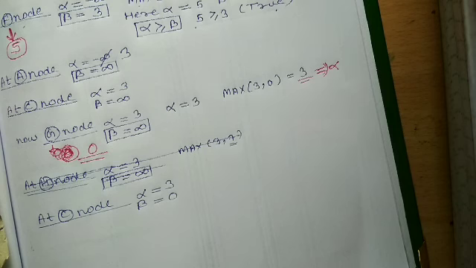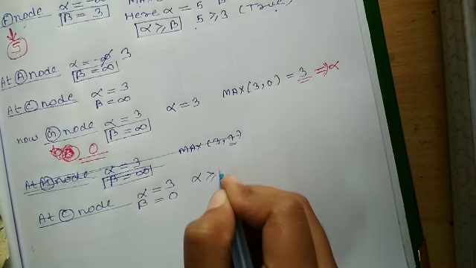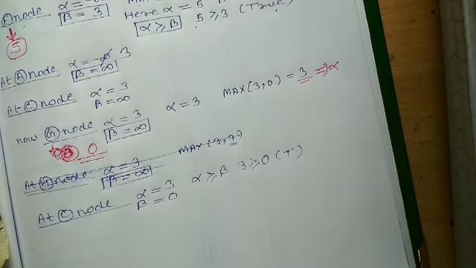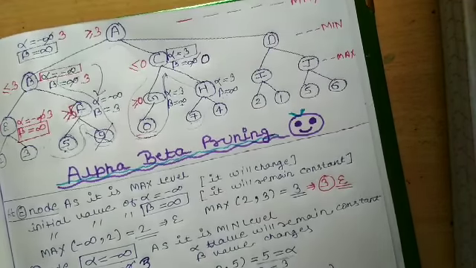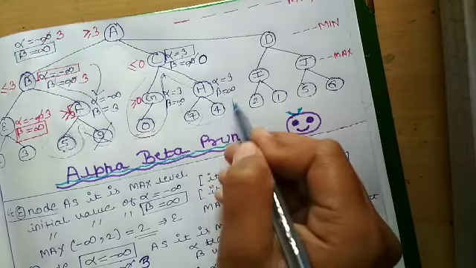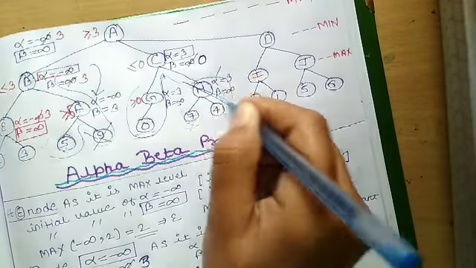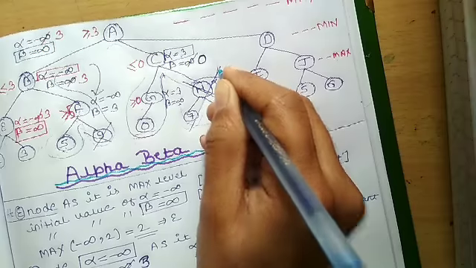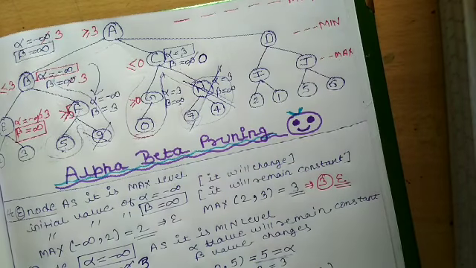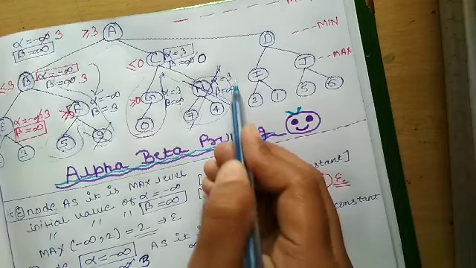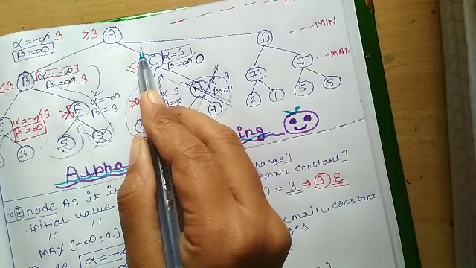So alpha is greater than or equal to beta, 3 is greater than or equal to 0, is true. So we don't have to explore its child, which is this. Just cross it. You don't have to explore it.